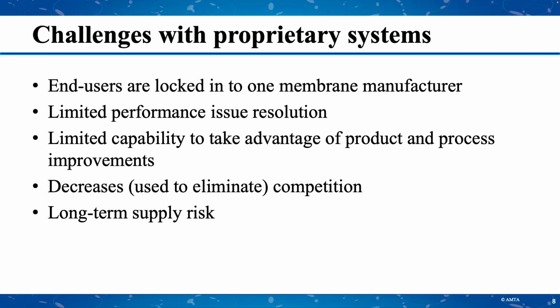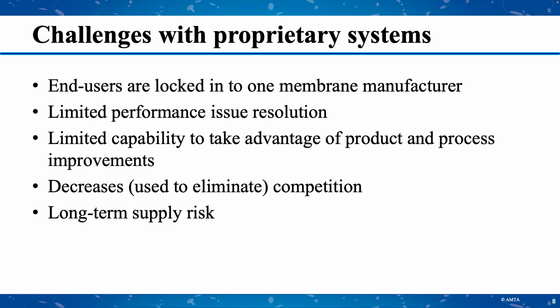For instance, when there are performance problems, you're limited to resolving those problems within the limits of the product or the operating process that you're using. Then you have a limited capability to take advantage of product and process improvements.